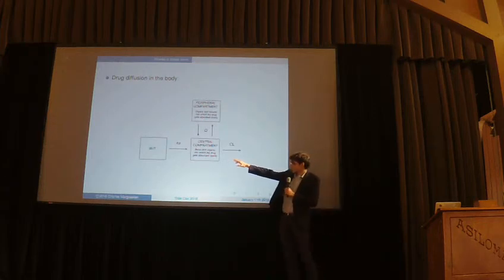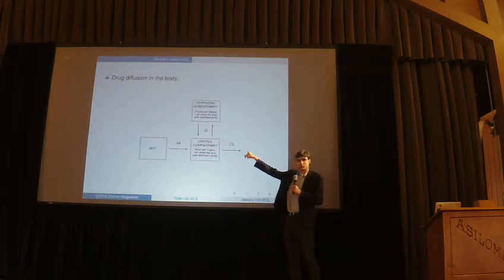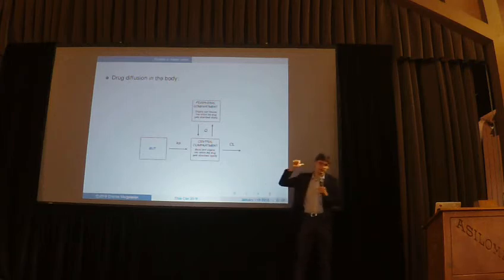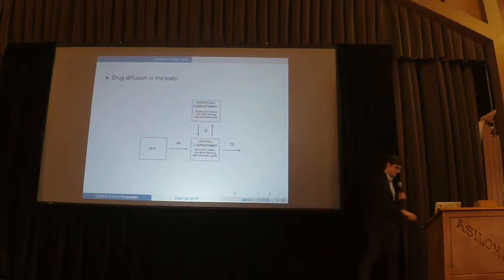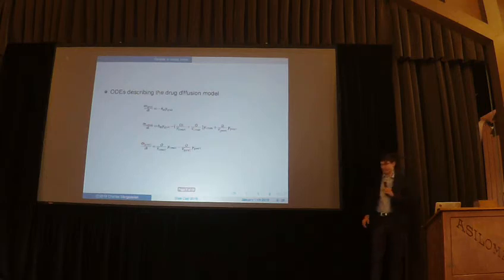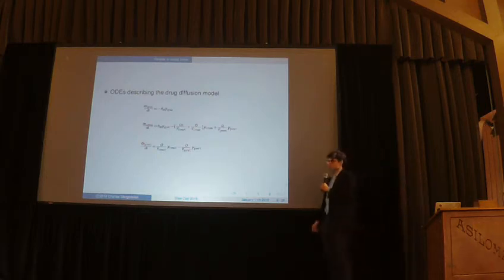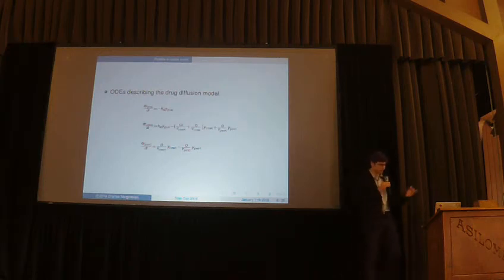So the drug goes from the gut into one compartment, maybe the blood, and then it diffuses into another compartment, circulates back and forth, and then it gets cleared out of the body. This kind of diffusion process is often described by a system of differential equations. So here in this case we have 3 ordinary differential equations.